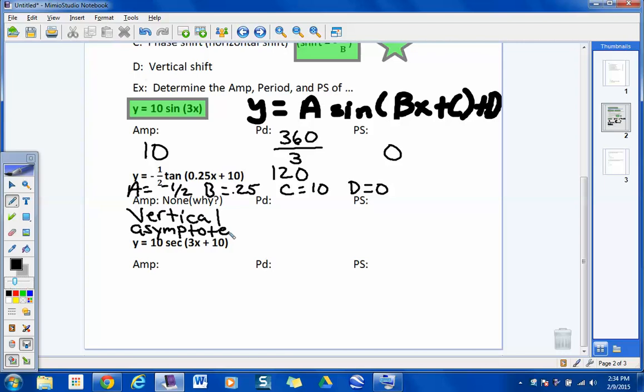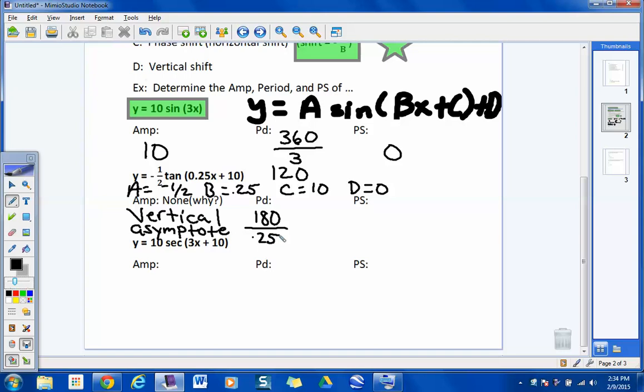Okay, how about your period on this? What's going to happen to the cycle time, if you will? Guys, in a tangent function, what was the repeat time in section 6.1? You guys remember that? Every 180. So we're going to take our old period time of 180. We divide that by the b value. What is the b value here, kiddos? Divide that by 0.25, and that'll tell you how often that function repeats itself.